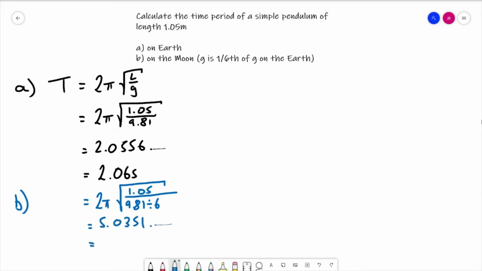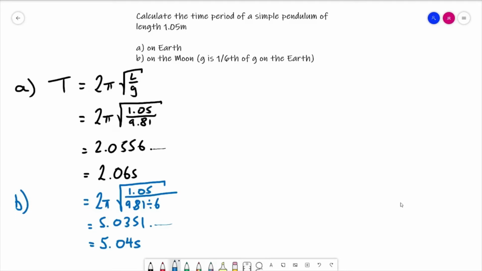And therefore we can round that again to 3 significant figures and we'll get 5.04 seconds. Now at this point, if you've just kept the same workings in your calculator and just put the divided by 6 in there, there's absolutely nothing wrong with that.